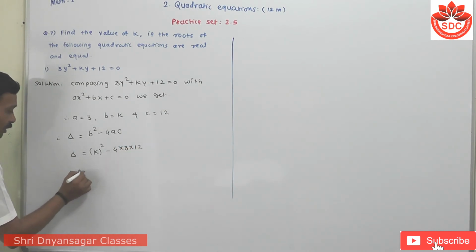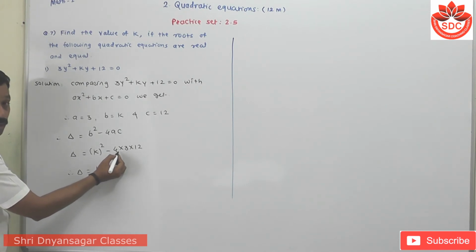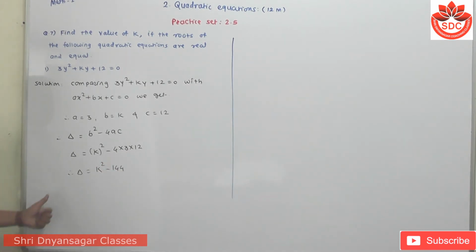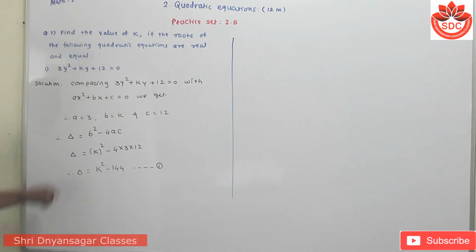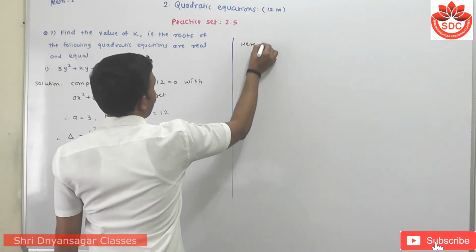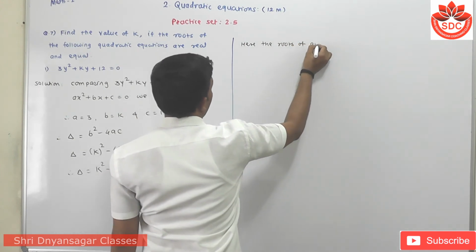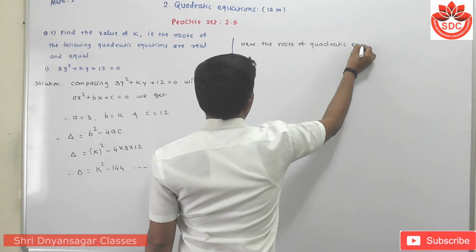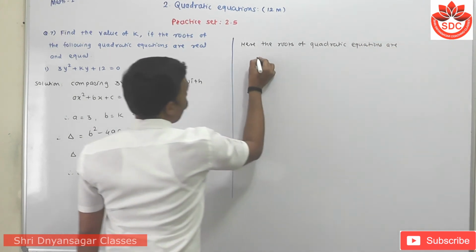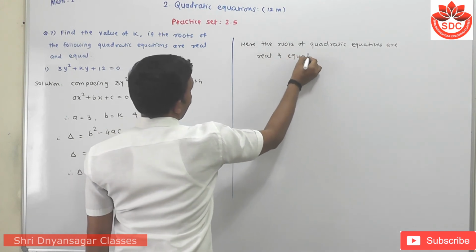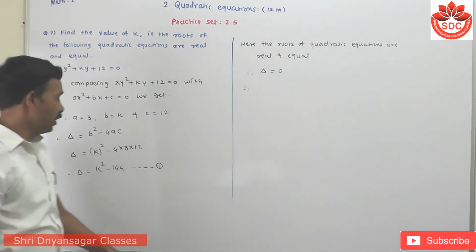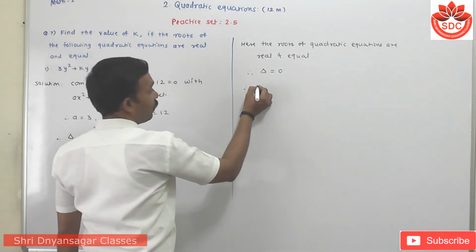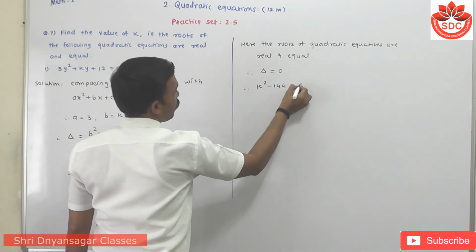Therefore delta is equal to k square minus 144. Since delta is 0, k square minus 144 is equal to 0.